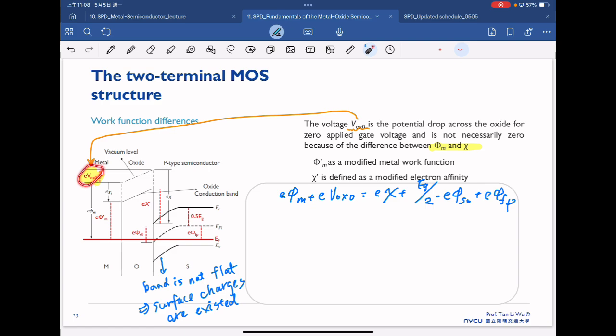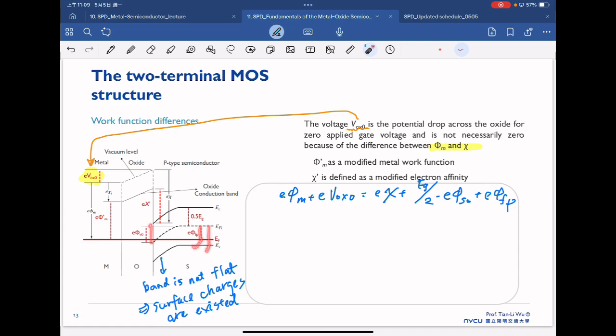So this plus this will be equal to this one plus half of the band gap, but minus this one, and again plus this one. It's not very straightforward, but if you calm down and think about this, in the end it still makes sense.